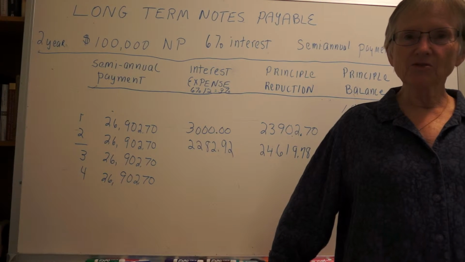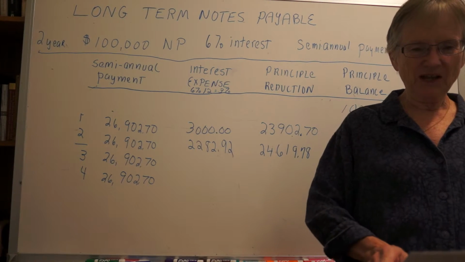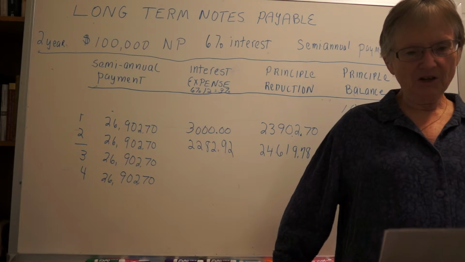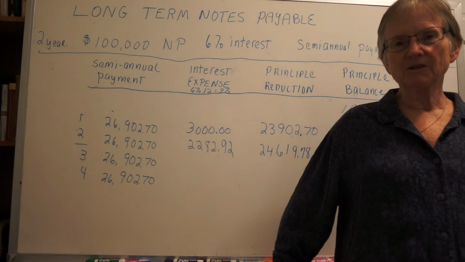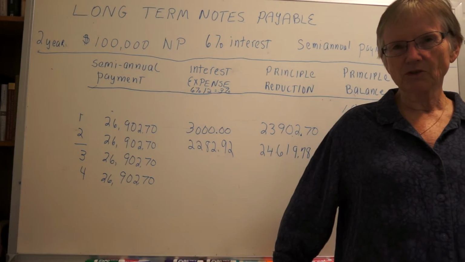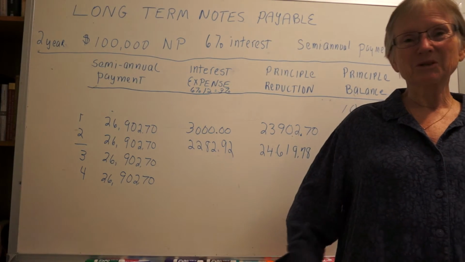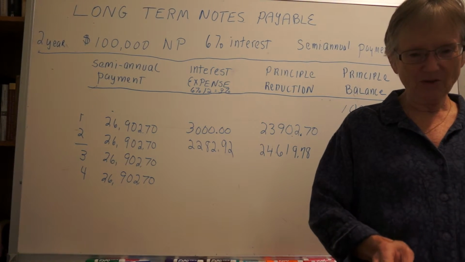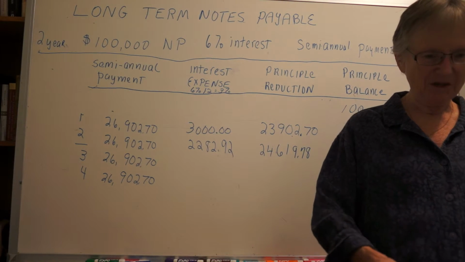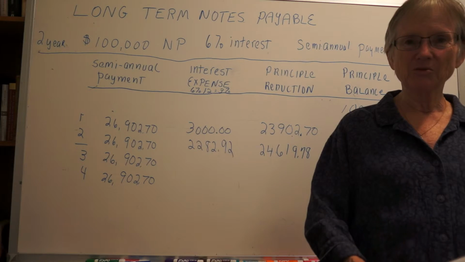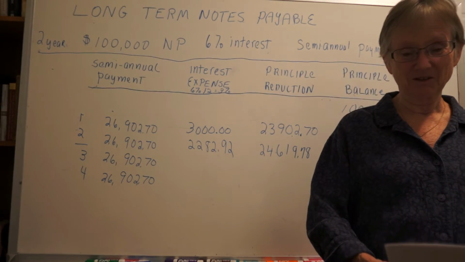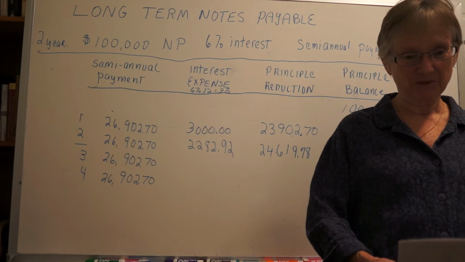And what I would like you to do with that is, before you do that, see if you can figure out on a 10-year mortgage note, how much interest do you think you would actually be paying over the life of that loan? Once you think about that a little bit, then go and just total the interest expense column, and you'll see how much you're going to be paying in interest on a $100,000 note.